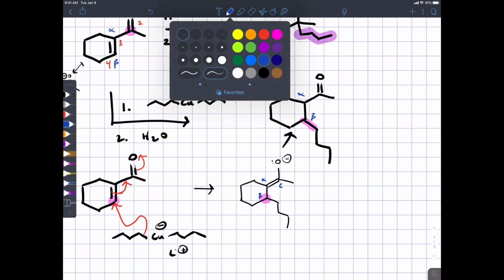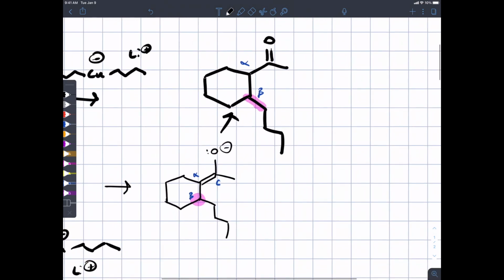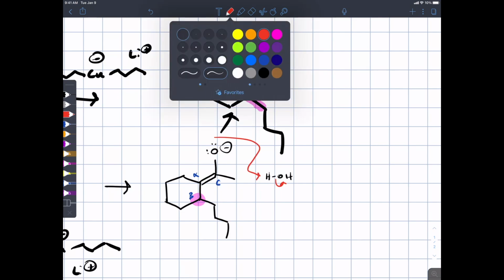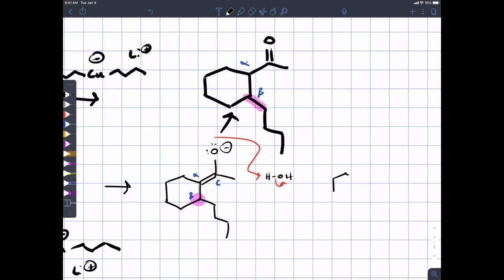At this stage, what actually happens is that it's very fast to protonate on the oxygen. In fact, faster to do that than any of the other possibilities. So your immediate product after the addition is this enol.